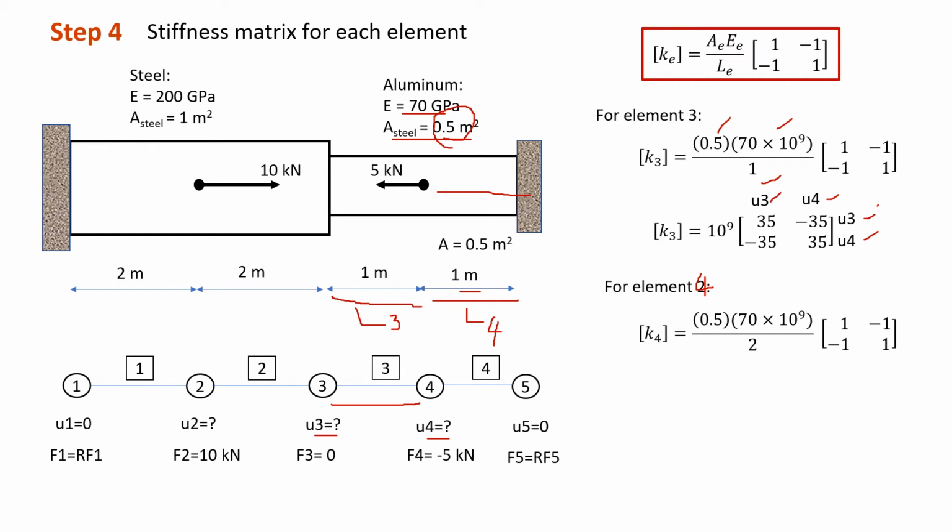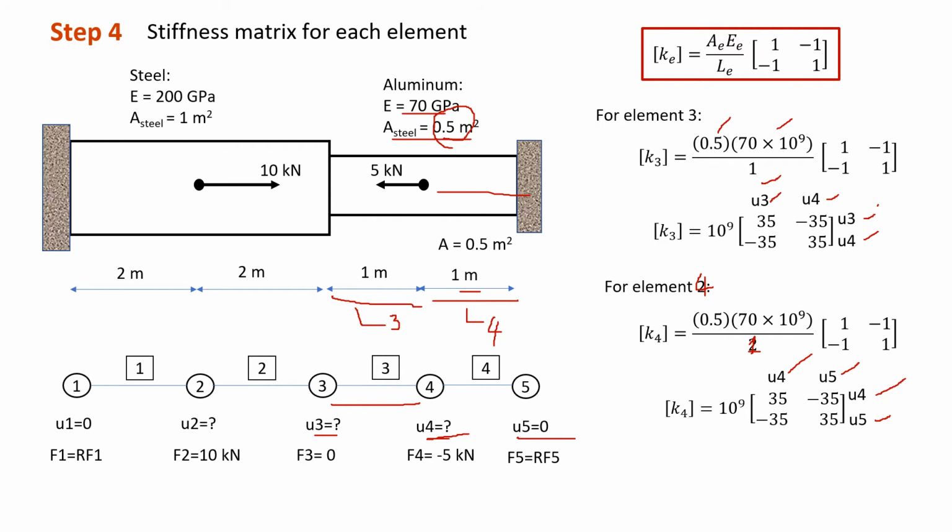So we replace back into this one. It should be 1 meter here, and we obtain the value 35, which is equal to K3. And note down that element 4 is between U4 and U5. So note down here U4, U5, U4, U5.